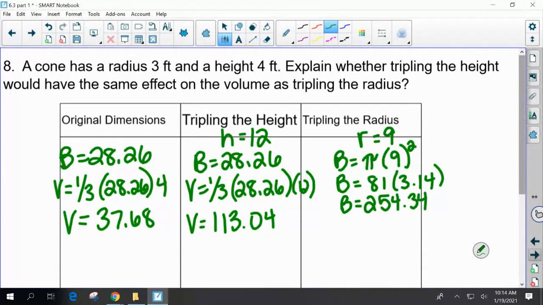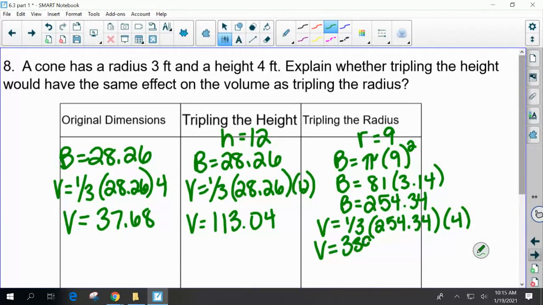Anybody else get that? So then for the volume, 1/3 times 254.34 times my original height, which was 4. I got 339.12. Okay.